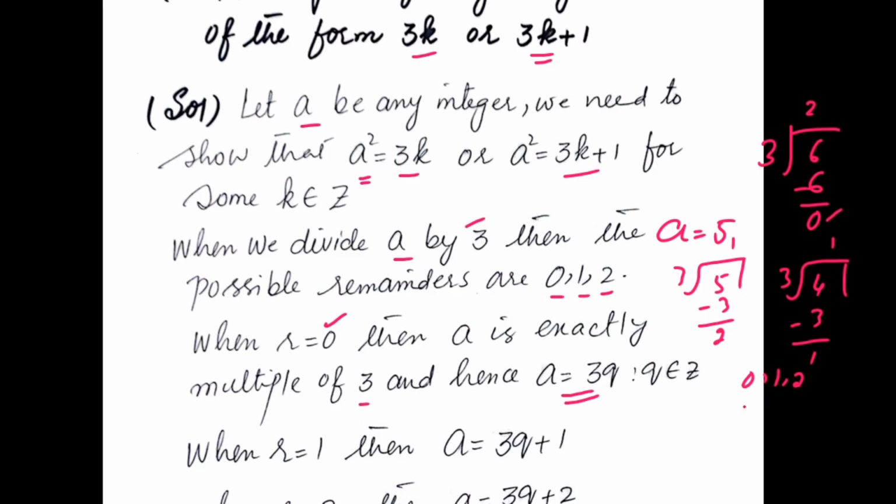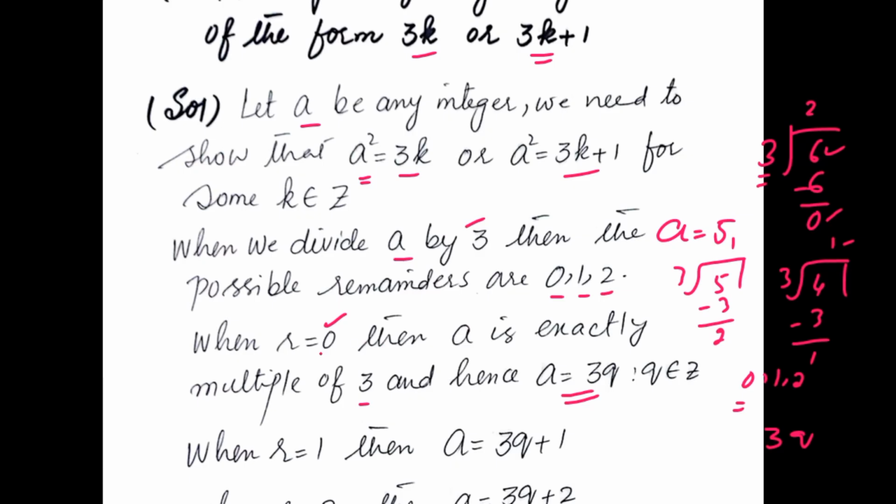Now, when your remainder is 0, it means your integer a is exactly a multiple of 3. When your remainder is 1 or 2, it shows that the number is not exactly a multiple of 3. So a number which is exactly a multiple of 3 can be written as 3q.